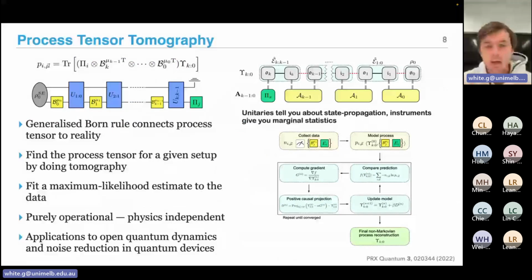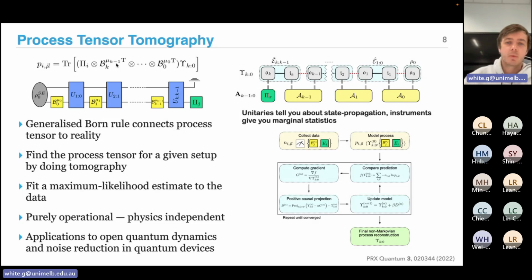We have a few different works in reconstructing this process tensor. So given some experimental setting, I've stated that sequences of control operations are observables. And since this is a linear map on which we have observables, we can reconstruct it using principles of quantum tomography. So in particular, we're now dealing with this setting where we have a quantum computer, and we want to characterize it to learn how it interacts with its environment.